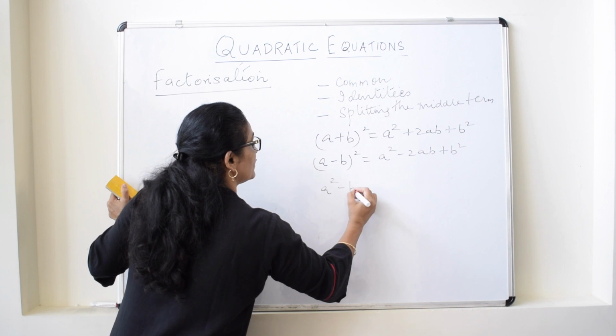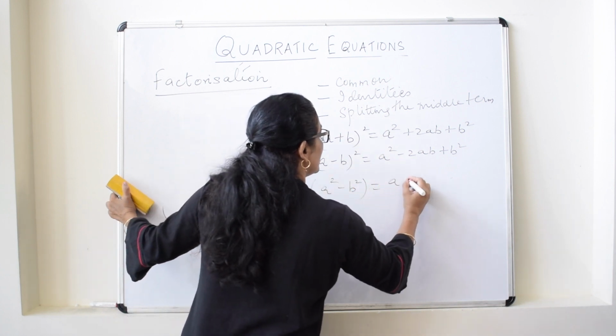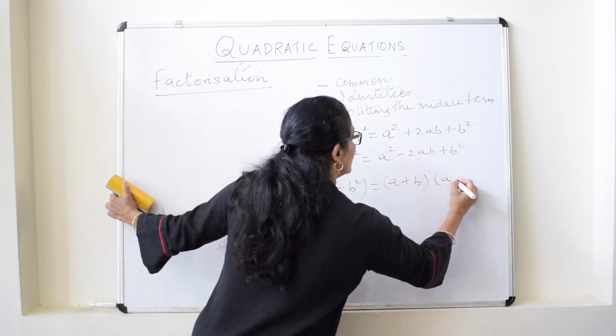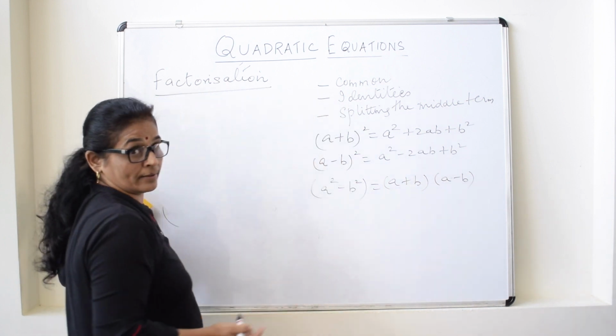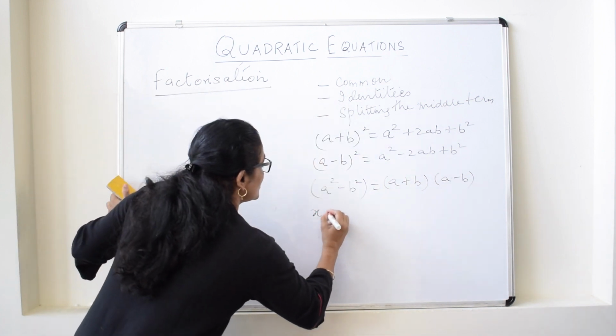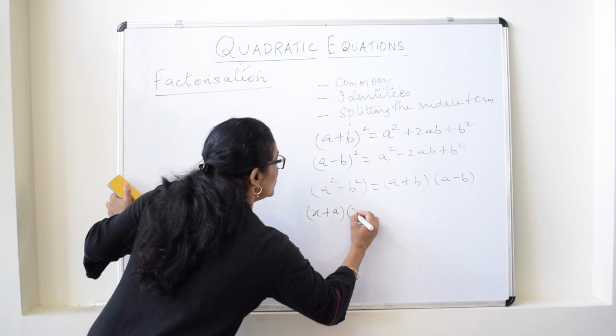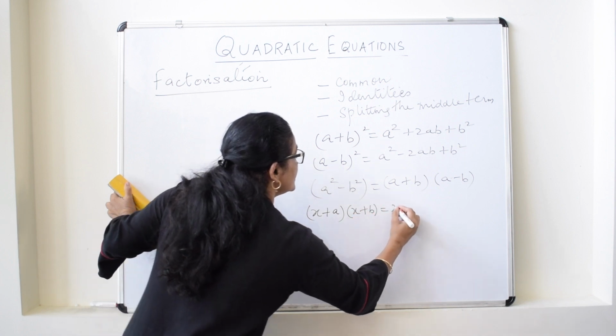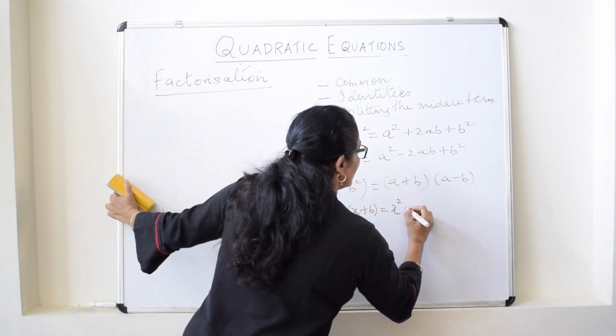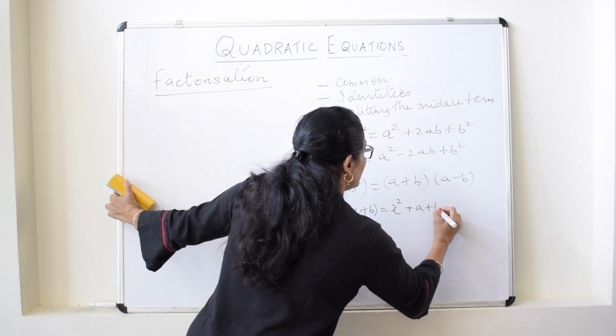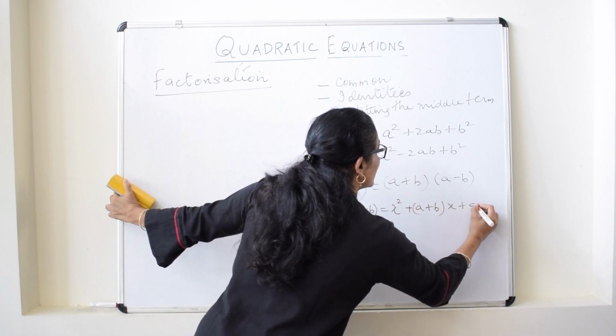Third is a square minus b square, that is a plus b into a minus b. The fourth one is x plus a into x plus b is equal to x square plus a plus b into x plus ab.